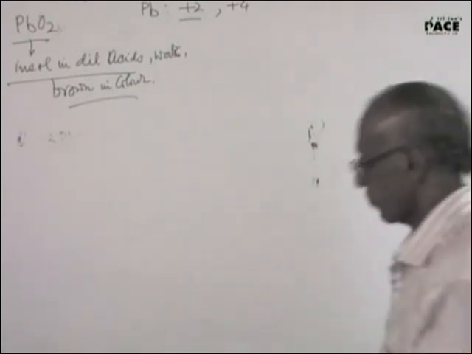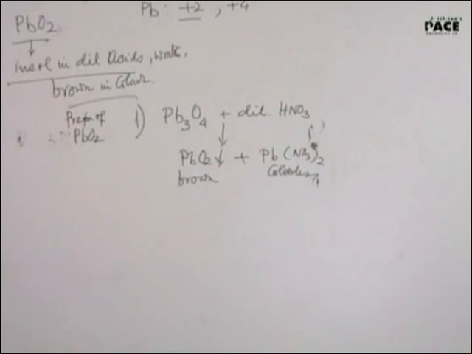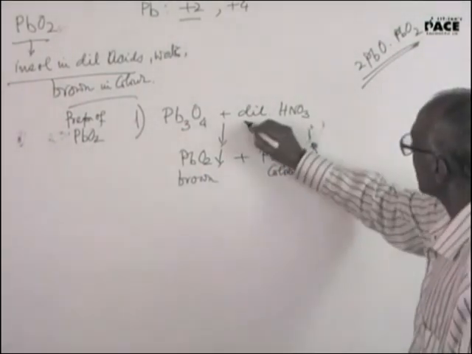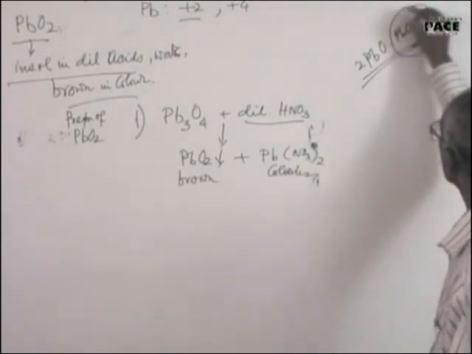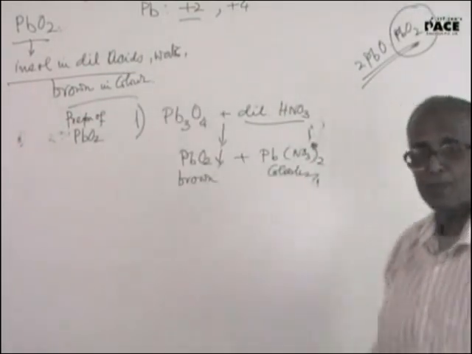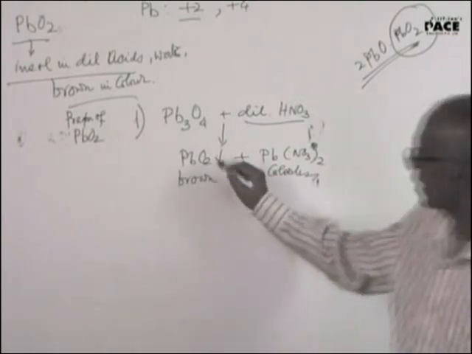So if I react red lead, a mixed oxide of lead monoxide and lead dioxide, with dilute acid, the lead dioxide is insoluble in dilute acid, so it precipitates.